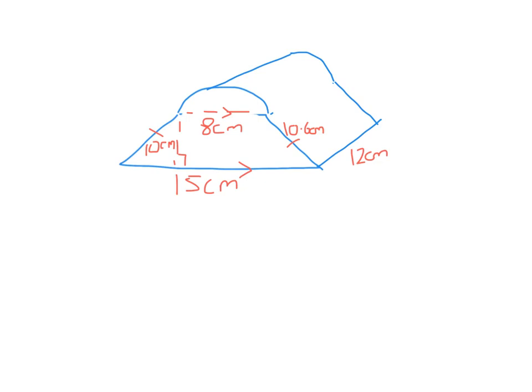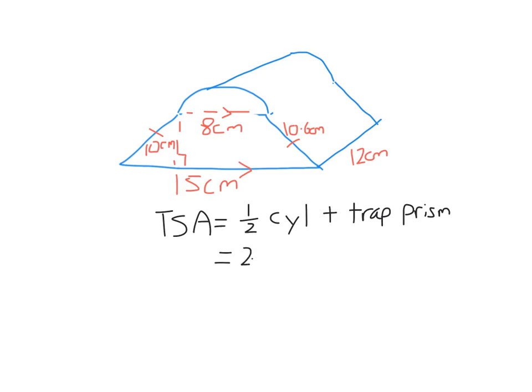If I want to find the total surface area of this shape, what I'm going to do is find the total surface area of the half cylinder and then add it to the total surface area of the trapezoidal prism. We said before that the surface area of a cylinder is given by the formula 2 pi r squared plus 2 pi rh.